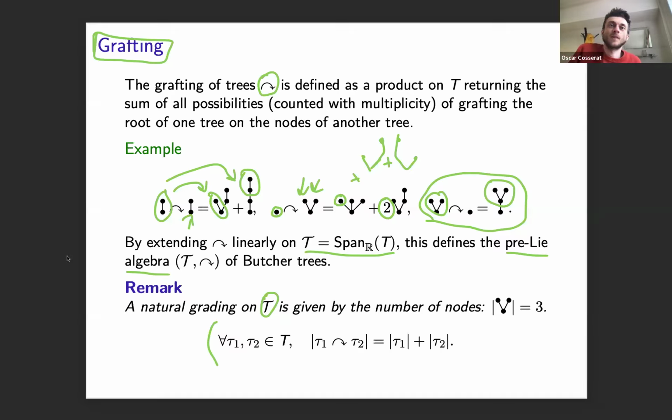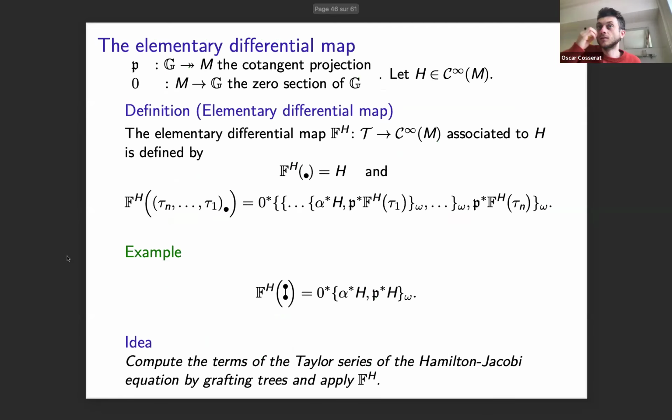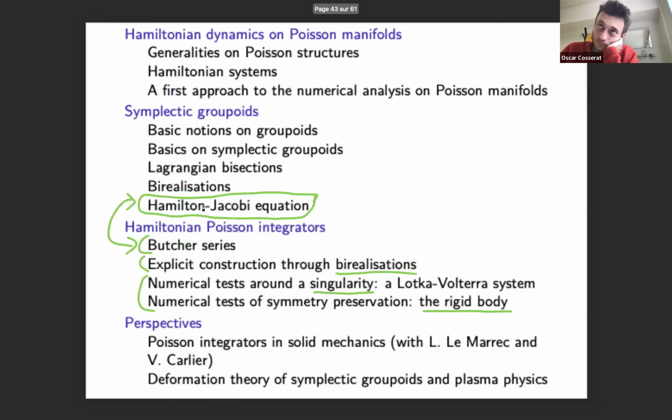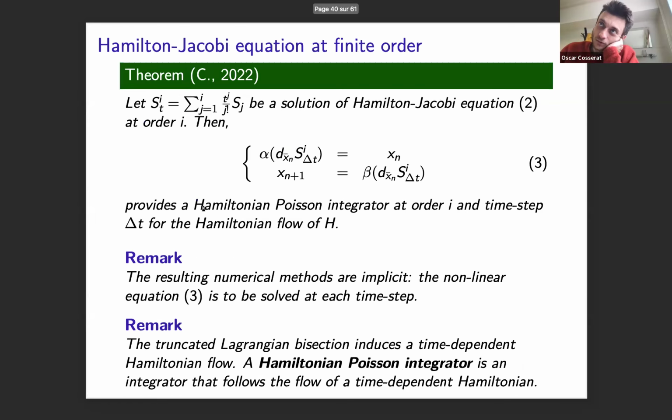So now we want to relate these non-planar rooted trees to the Hamilton-Jacobi equation. Let me come back just once to the Hamilton-Jacobi equation to remind you what this was.